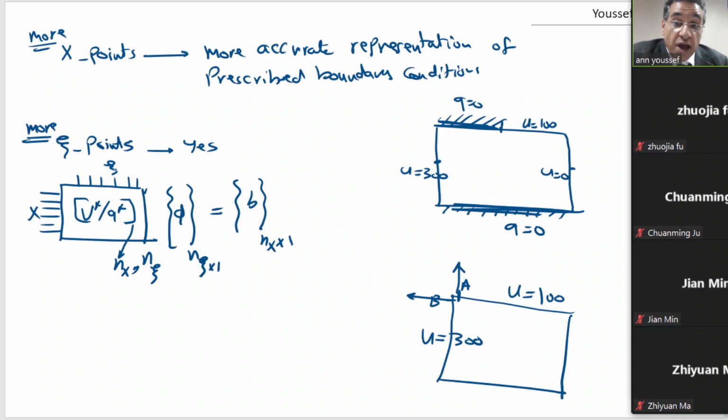So if we have more xi's than x's, we will use what we call the least squares technique to do that. But this is very easy. Mathematics or numerics is not a problem now. We can come back to it when we talk about advanced formulation at the end of these lectures.